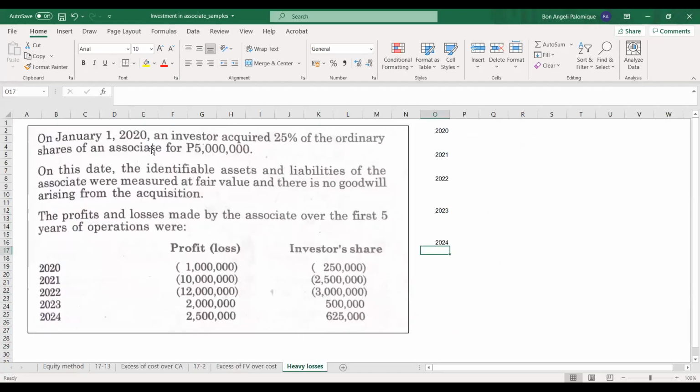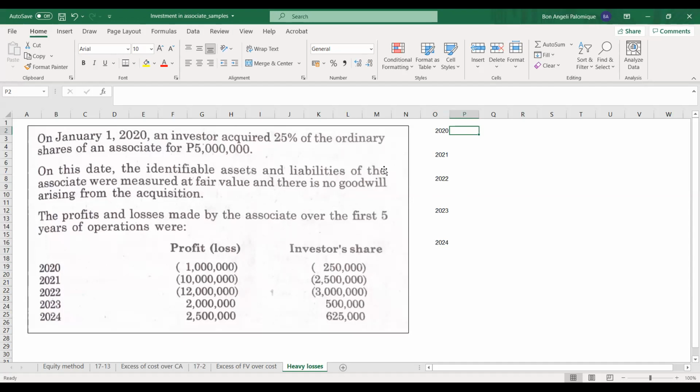On January 1, 2020, an investor acquired 25% of the ordinary shares of an associate for 5 million. On this date, the identifiable assets and liabilities of the associate were measured at fair value, and there is no goodwill arising from the acquisition. In year 1, 2020, there was a loss of 1 million. So, your share is 25%, which is 250,000.